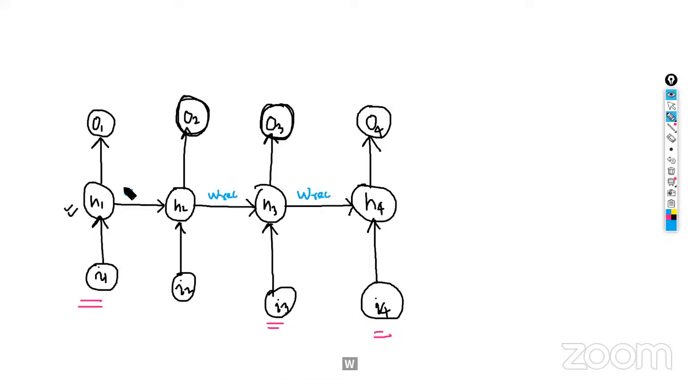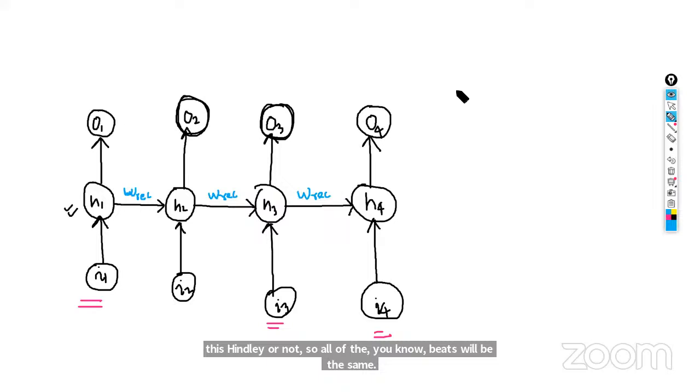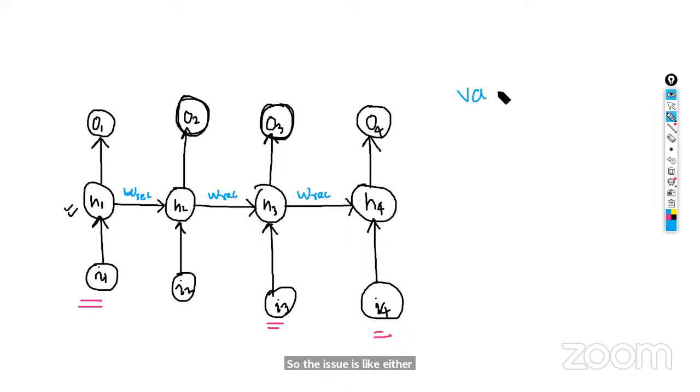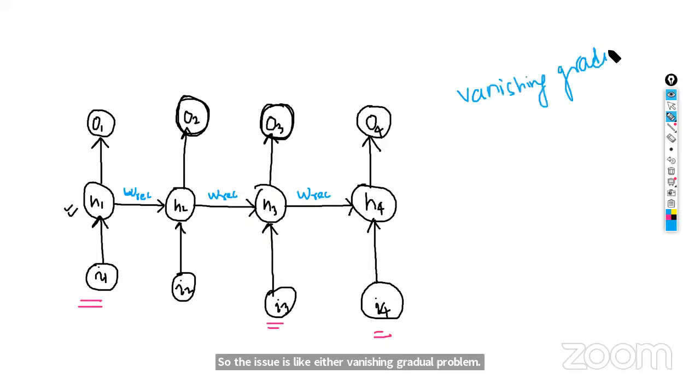And one of the properties of the RNN network is that the weights get shared. So whatever weight we have for this hidden layer node, all of the weights will be the same. So the issue is either the vanishing gradient problem or the exploding gradient problem.